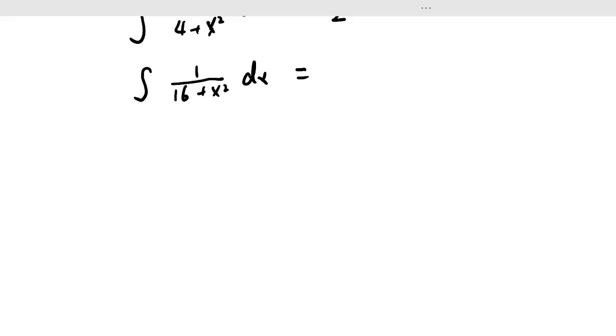I don't know how you get the right answer, right? So it's basically about the 16 we have. 16 is 4 squared, so we're going to have 1 over 4 to be used.